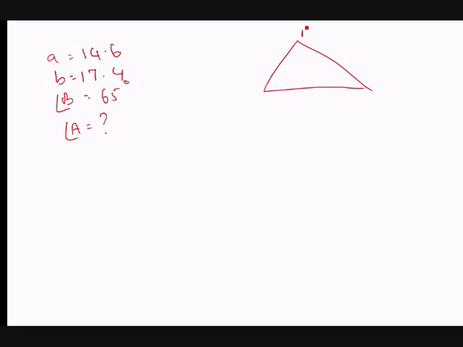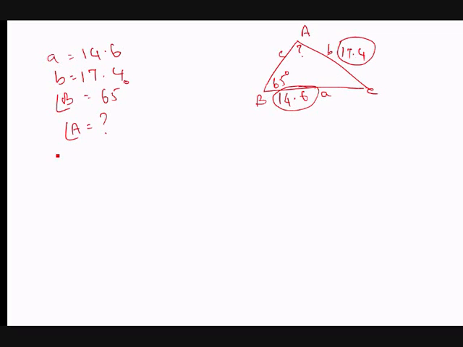Now I'm given A is equal to 14.6 and B is equal to 17.4, and I'm given angle B is equal to 65 degrees, and I'm supposed to find angle A. So if I draw the triangle and name them A, B and C, then this is A, this is B and this is C. Therefore this is 14.6 and this is 17.4, and angle B is 65 degrees, and this is angle A. Again, we cannot use cosine rule because the angle given is not included between these two sides.